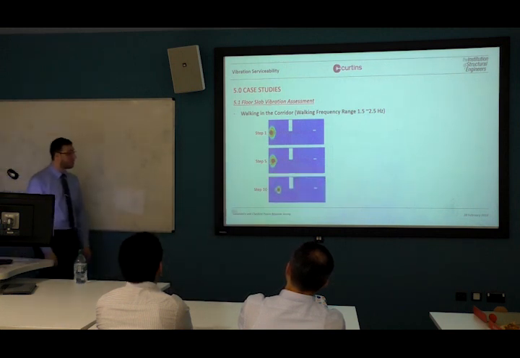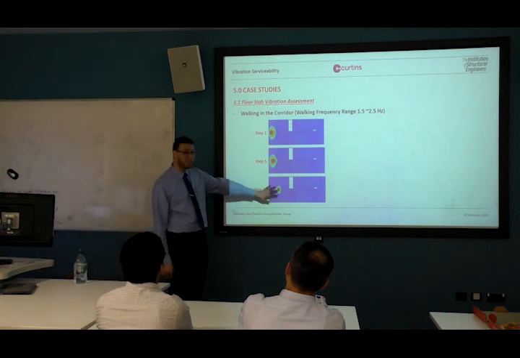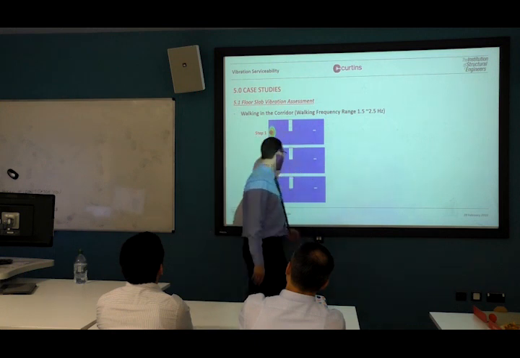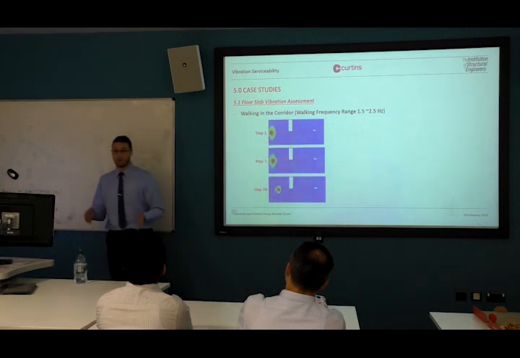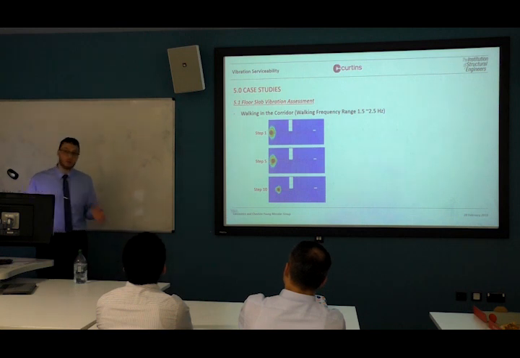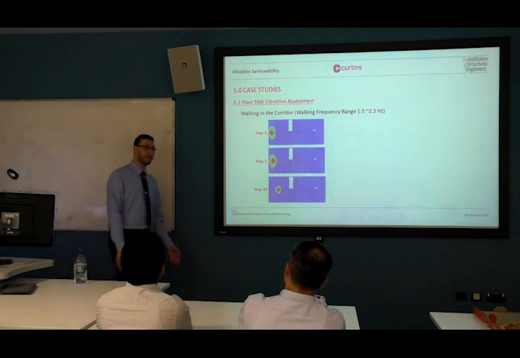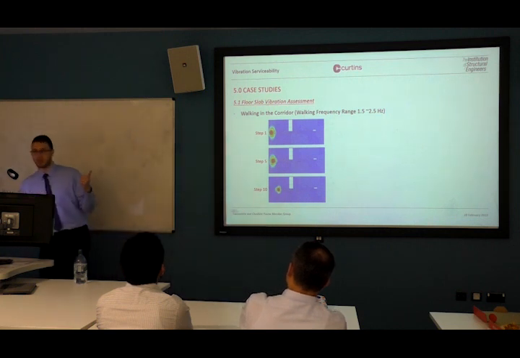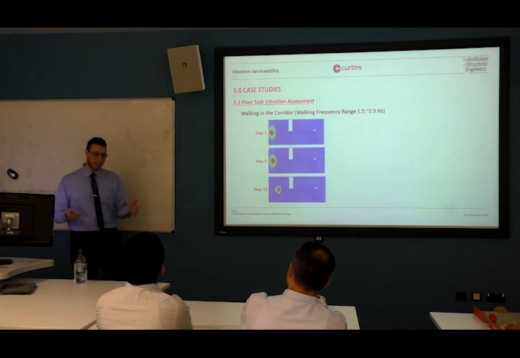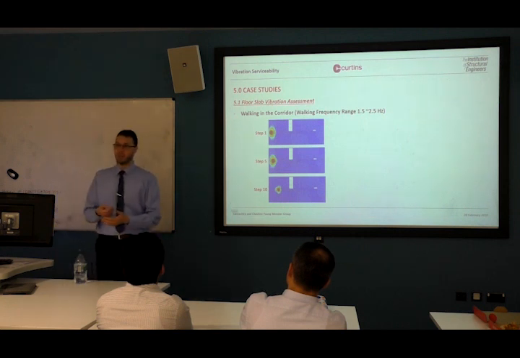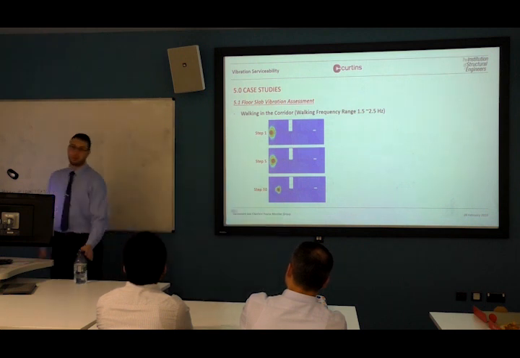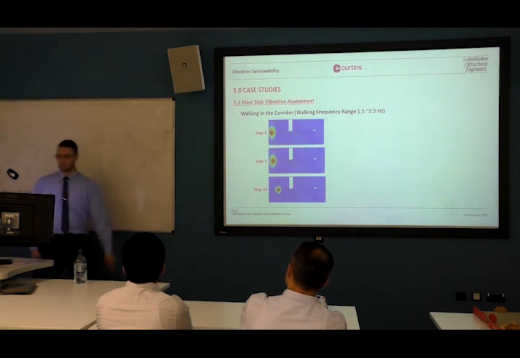Step 10 actually is a very good example, because we have stiff columns around the corridor. And this is a very good arrangement because it's confining your response within the corridor. So whenever you're designing a residential building like that, concrete building especially, try to put all your pressure on the architect and say, I want columns around the corridor, I want a stiff corridor, because this would reduce your response.